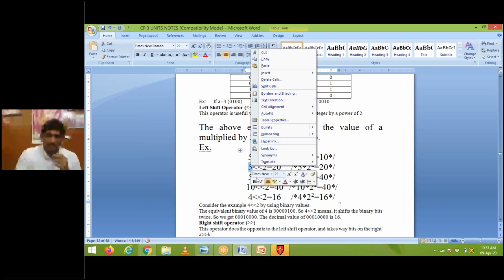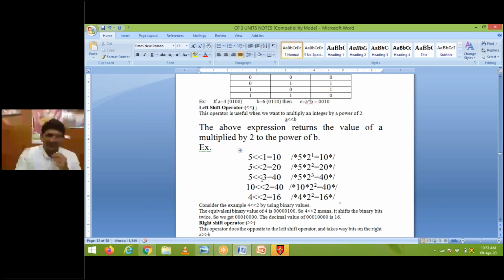This is the shortcut. 5 left shift 3 means 5 into 2 cube, that means 5 into 8, 40. 10 left shift 2 means 10 into 2 power 2, that means 10 into 4 equal to 40. 4 left shift 2 equal to 16, that means 4 into 2 square equal to 16. This is the shortcut formula. Okay, this is the original method that I explained earlier. This is the shortcut method.